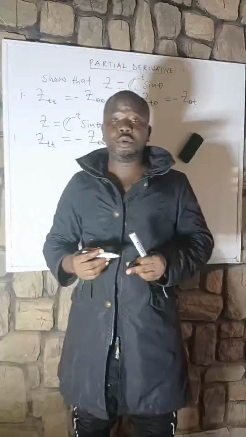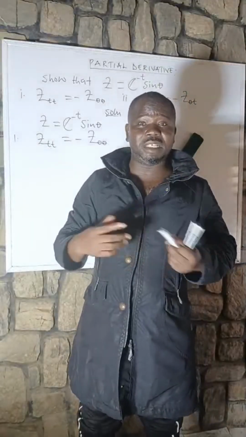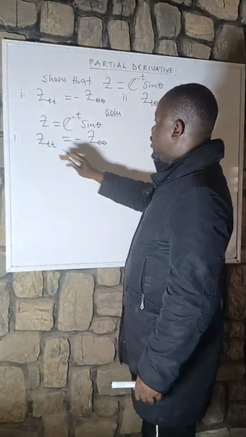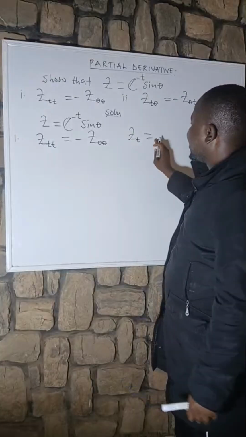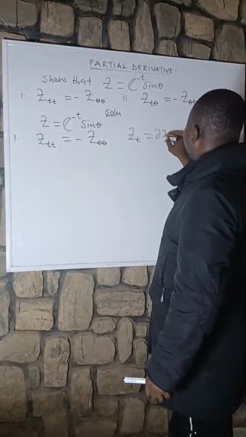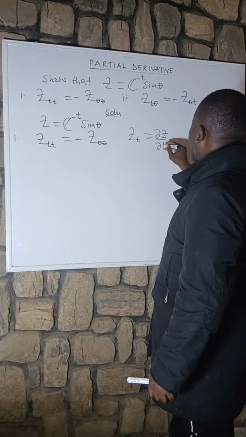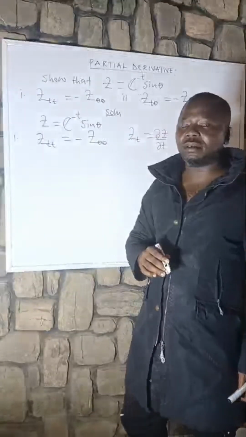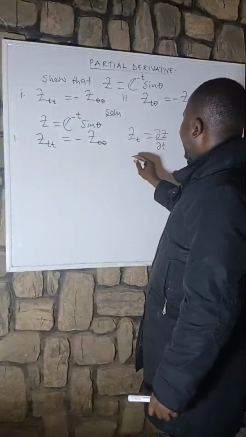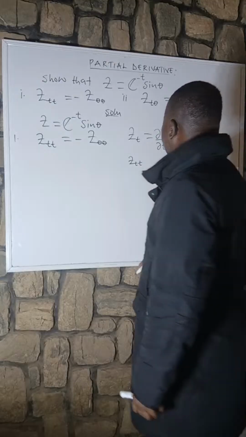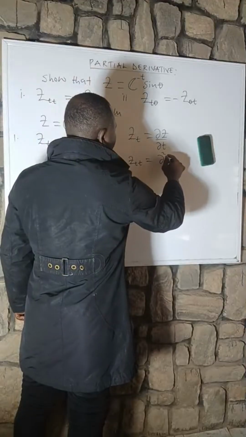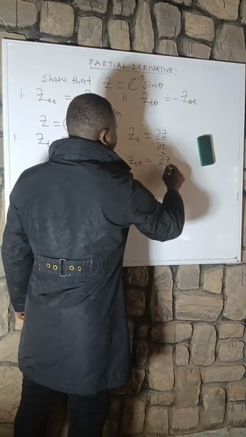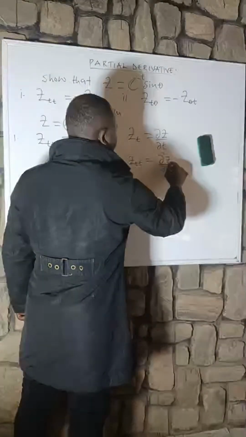The common notation that people know, even those who are not mathematicians, is that when you have z subscript t, this is the same thing as partial z all over partial t. Then if we have z subscript tt, this implies partial square z all over partial t square.